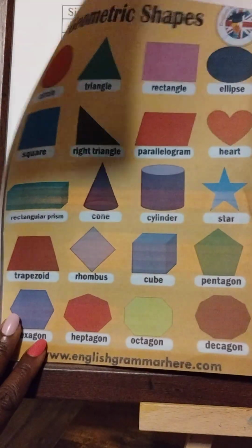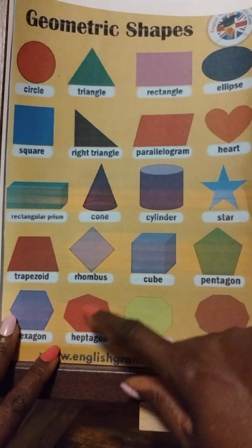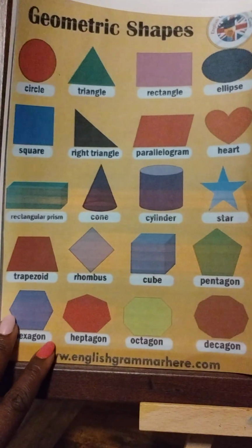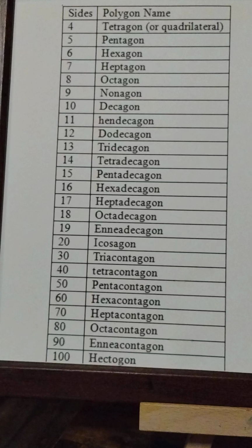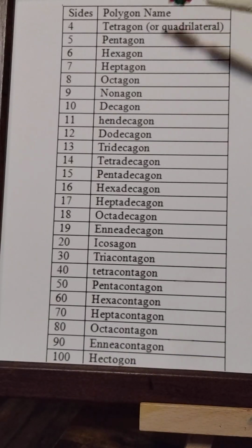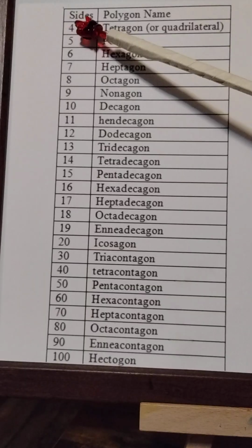See? So we said there is heptagon, octagon, nonagon, decagon. Now look at this. You see this chart? This chart has the name of all the polygons from 4.